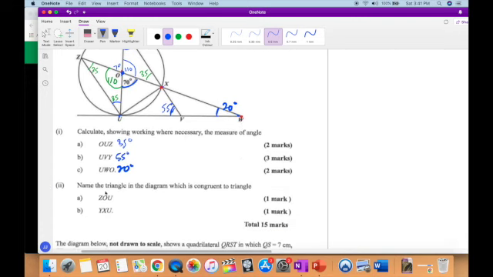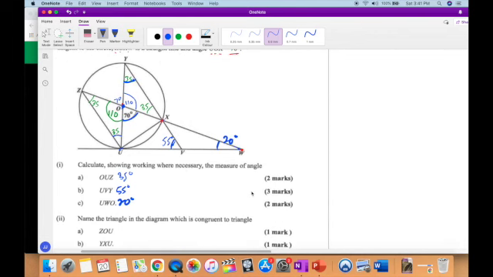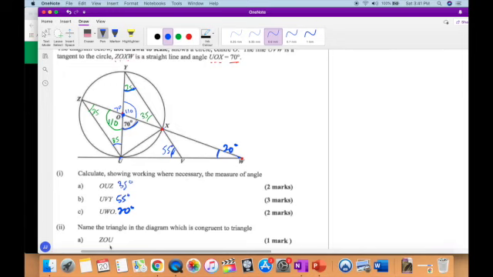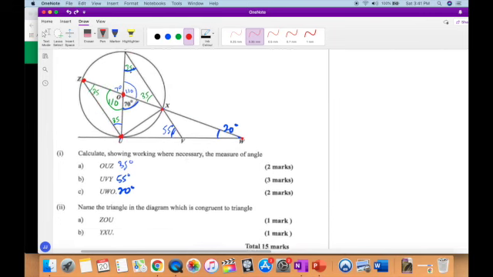Name the triangle in the diagram which is congruent to triangle ZOU. 1 mark, so I guess that is just an answer, right? So what is the triangle that's congruent to ZOU? Yeah, XOY, this one over here. Congruent means they're pretty much the same triangle, right?